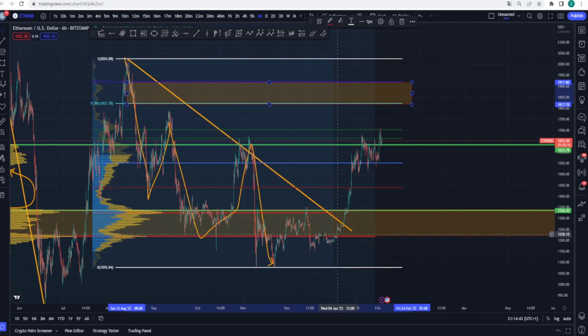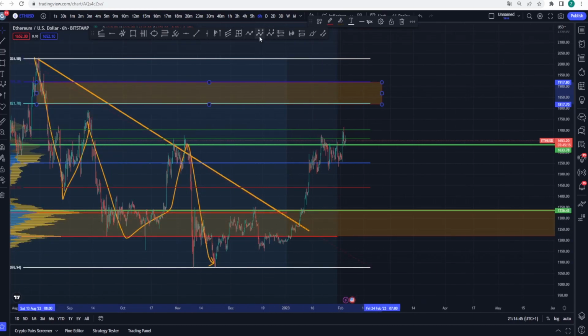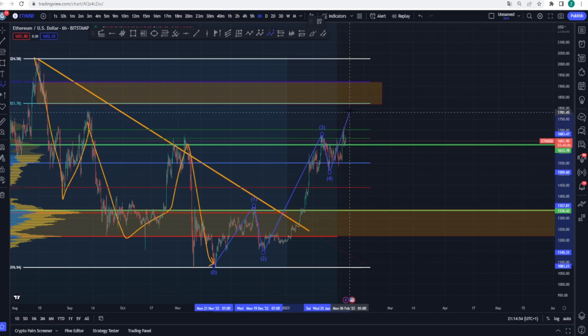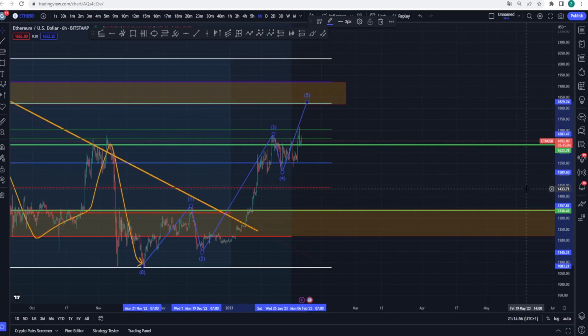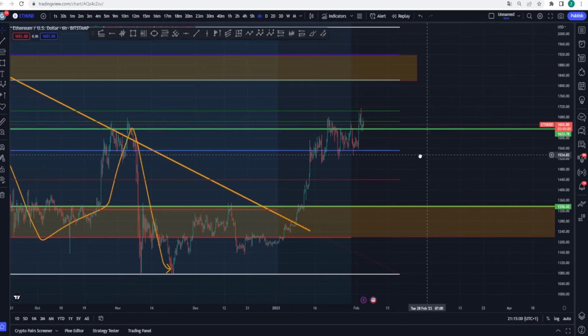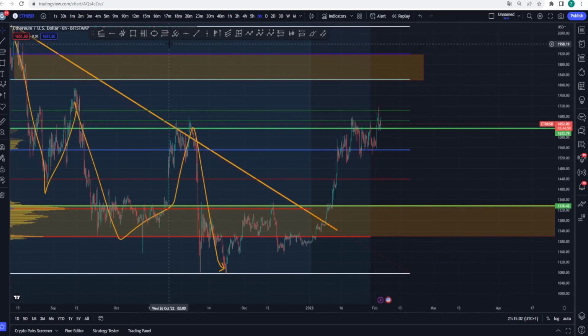Now, in this last wave, we already said we saw an impulse wave, so that means 5 waves. One wave up, one retracement wave, another wave up, the next retracement wave, and now we're expecting that last wave. Many indicators are what we call lagging indicators.